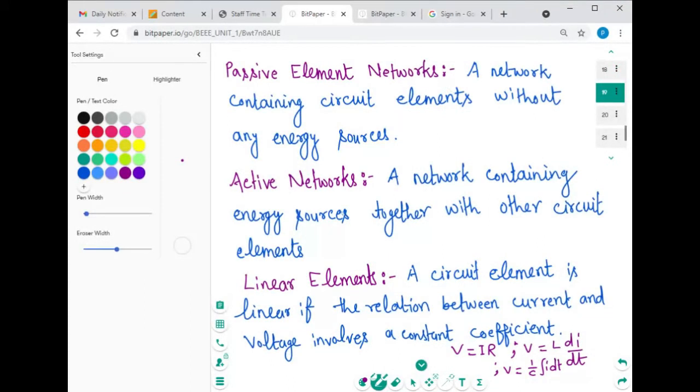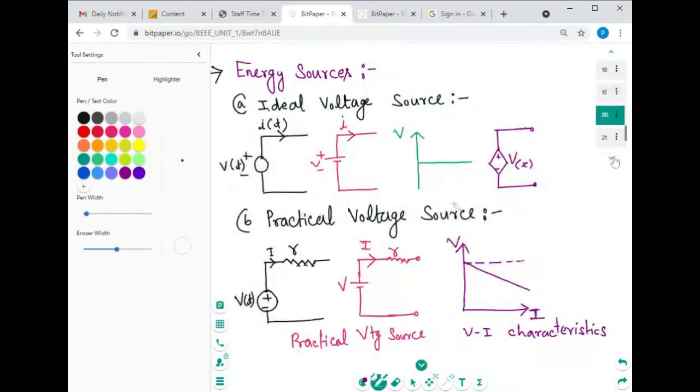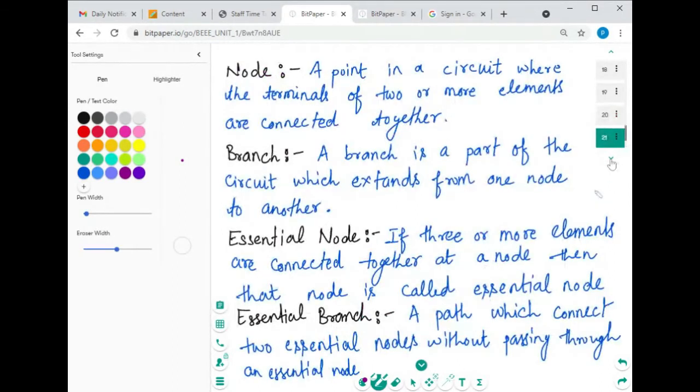A network containing circuit elements without any energy source is a passive element, whereas in active we have some energy sources. A linear element is one where a constant factor is involved. Then we saw voltage sources, same as the current sources, but the basic difference is that the representation is different.